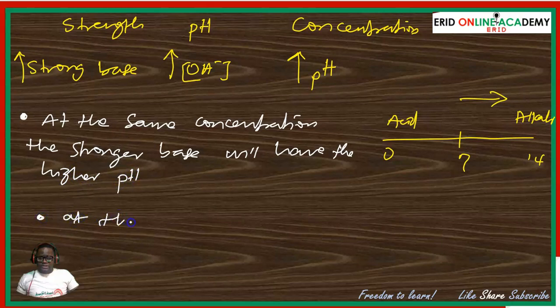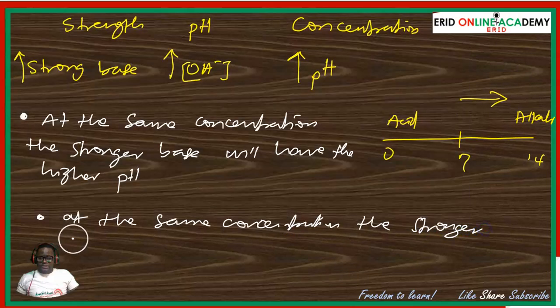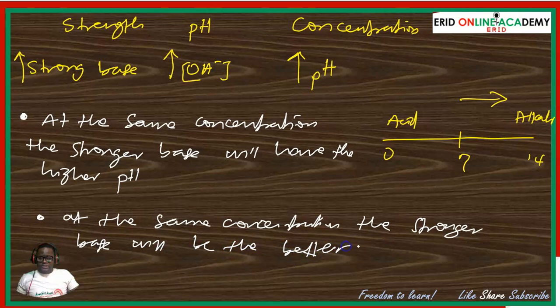Then at the same concentration, the stronger base will be the better conductor of electricity. Now, what makes a substance a conductor?